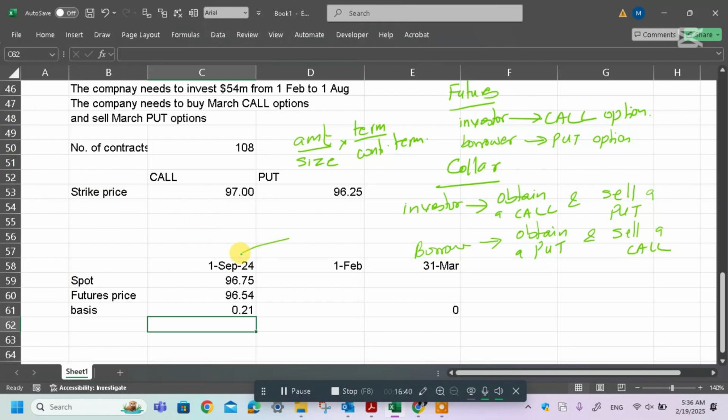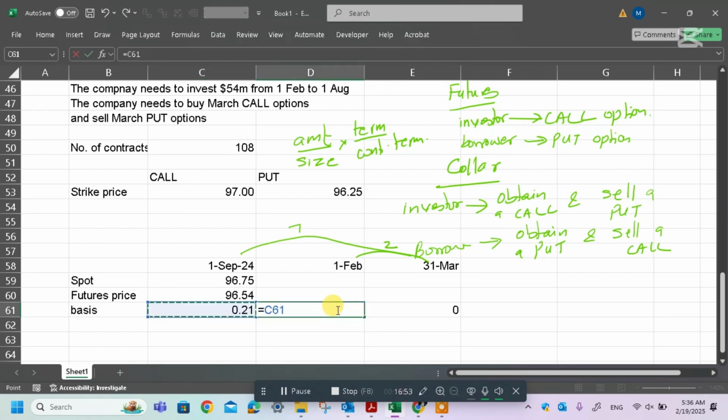September to March altogether: September, October, November, December, Jan, Feb, March. 7 months. Feb and March, 2 months are outstanding. So 0.21 divided by 7 multiplied by 2. Unexpired basis for 2 months will be 0.06.